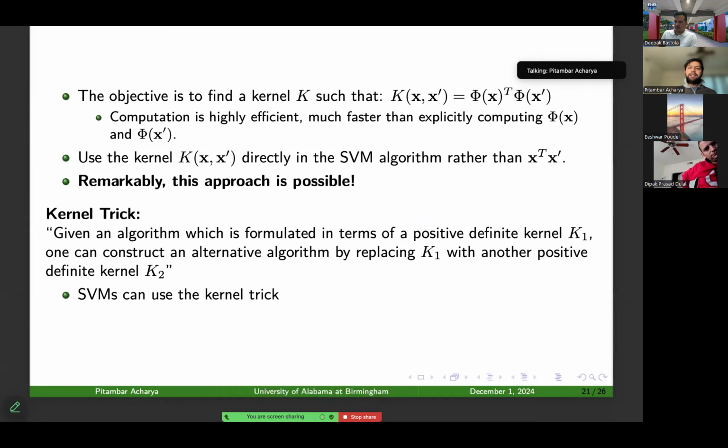If we take the scalar product and denote that by k, which is the kernel, then the computation of that value will be faster, and we can use the kernel directly in the support vector machine algorithm rather than the scalar product in the simple space. So this approach is possible.